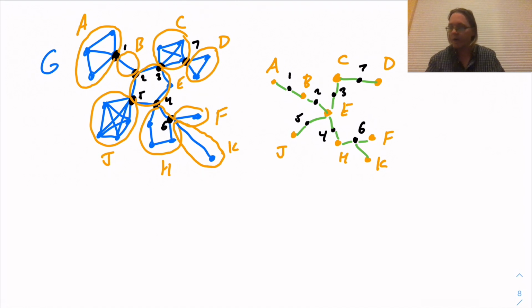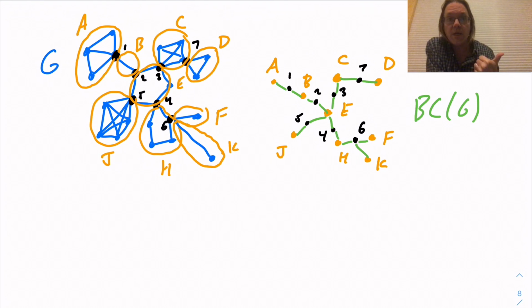So again, for our graph G, this is going to be the block cut point graph of G. The block cut point graph of G is a bipartite graph with 2 kinds of vertices. On one side, you have the cut vertices of the graph G. On the other side, you have the blocks of G. And the adjacency rule is the natural one: a cut vertex is adjacent to a block if, when you go back and look at the original graph, that cut vertex was contained in the block.